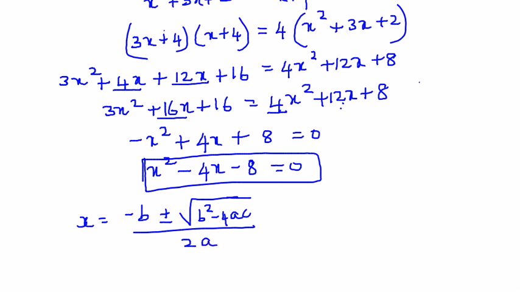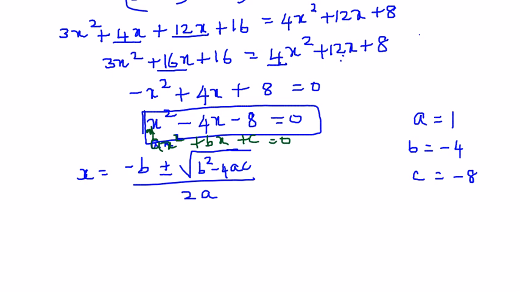Alright, what is a, b and c in this case? a is 1, b is minus 4, and c is minus 8. Remember I said the equation should be of the form ax squared plus bx plus c equal to 0. That's why I'm taking a as the coefficient of x squared, b as the coefficient of x, and c the constant.